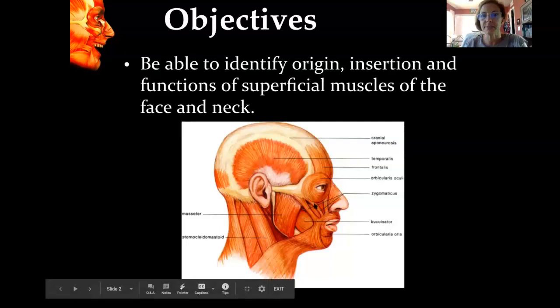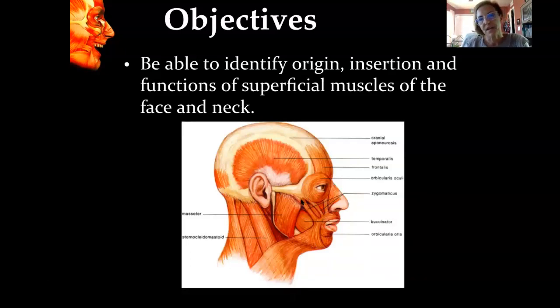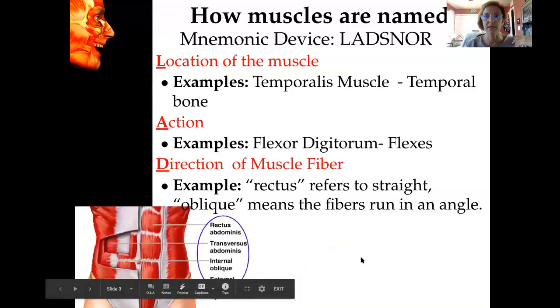So if I know that this is the origin and this is the insertion, and I pull the insertion toward the origin, what do you think is going to happen? Can anybody shout out what happens? Do you think you're going to pucker your lips? Are you going to raise the corners of your mouth? Are you going to suck your cheeks in? We're going to raise the corners of our mouth. Maybe I need to pull my chat box up.